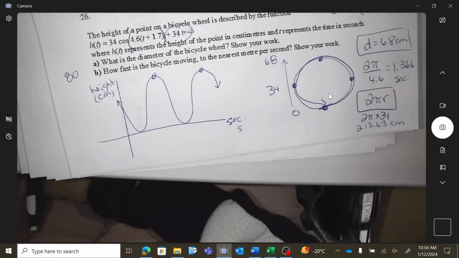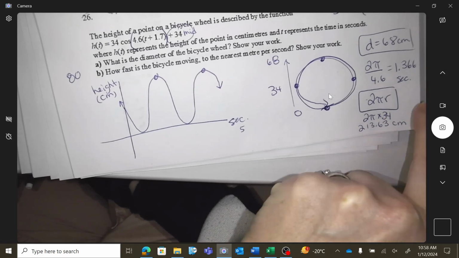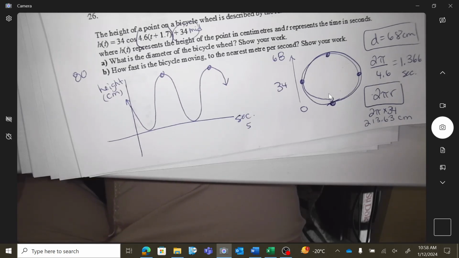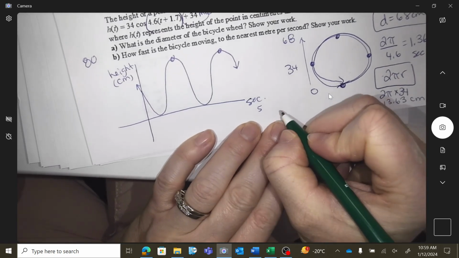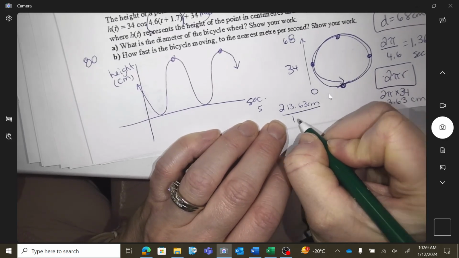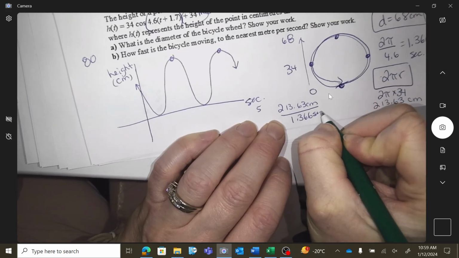So how do I get a speed if I went this far in this many seconds? How do I do it as a speed? This many centimeters per second.